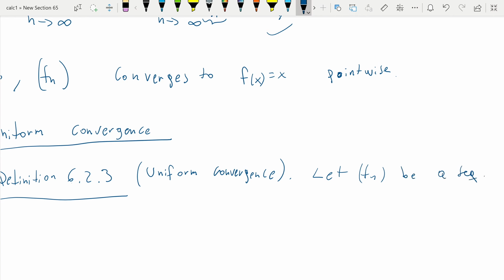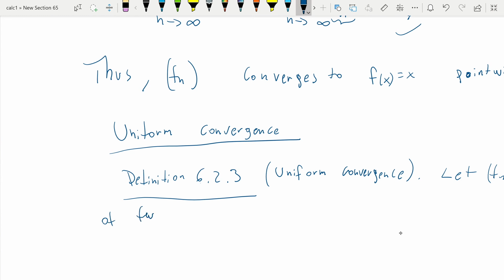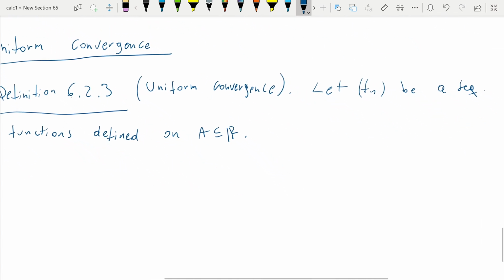Let Fn be a sequence of functions defined on a subset of R. Just like before, so we have a sequence of functions defined on a subset of the real numbers.